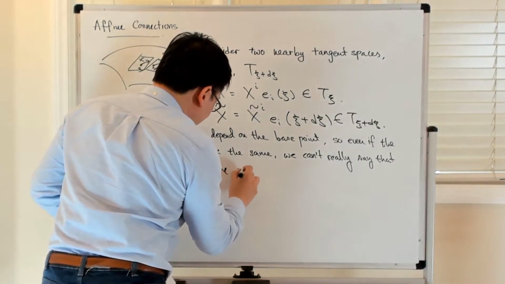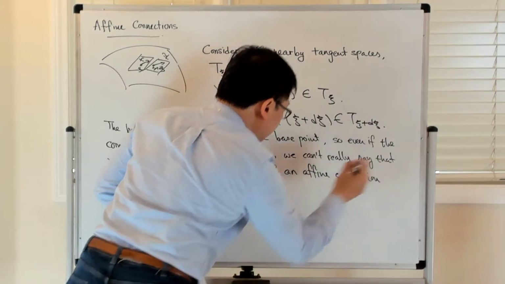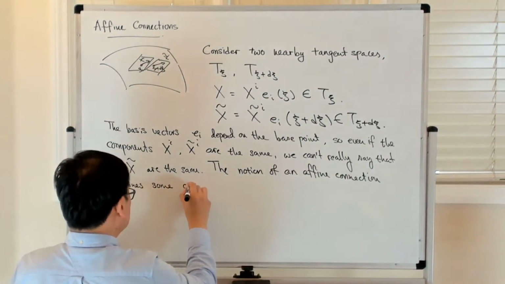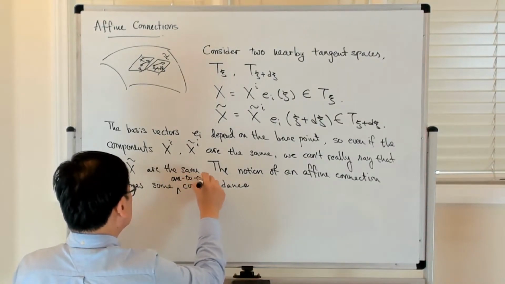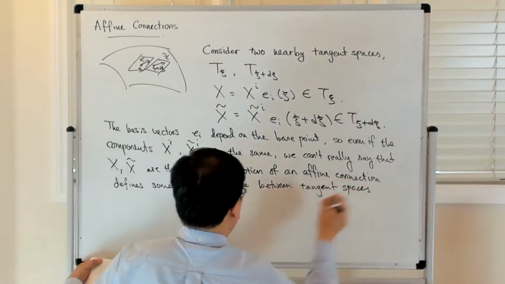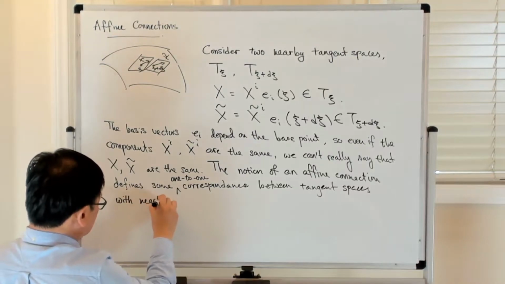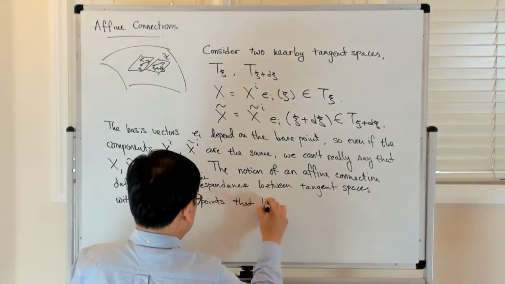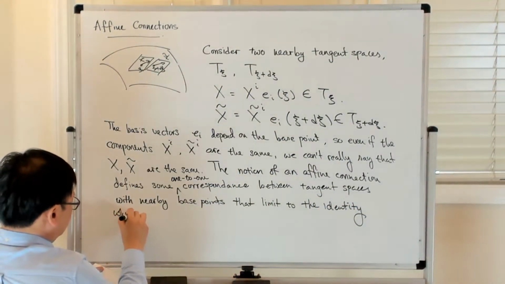So the notion of an affine connection defines some one-to-one correspondence between tangent spaces with nearby base points, that limits to the identity when the two base points coincide.